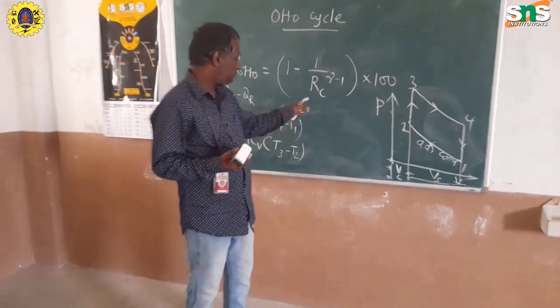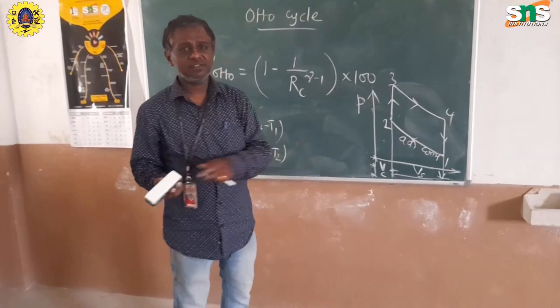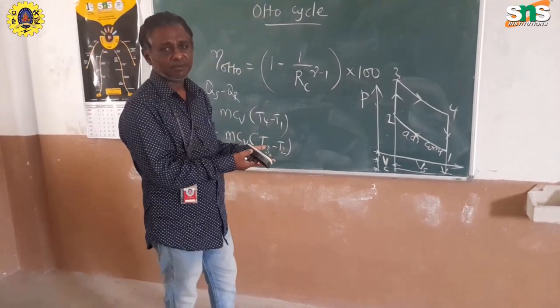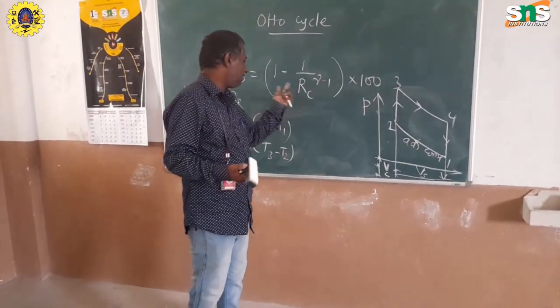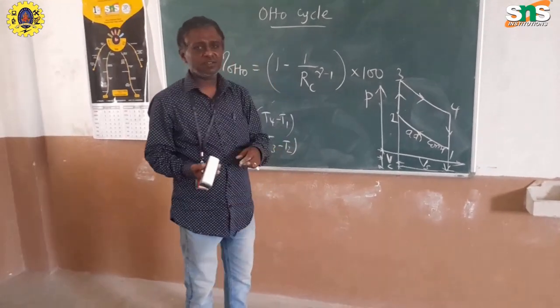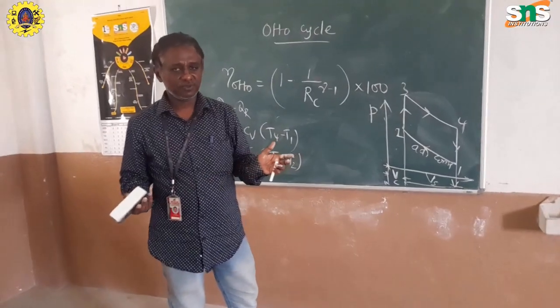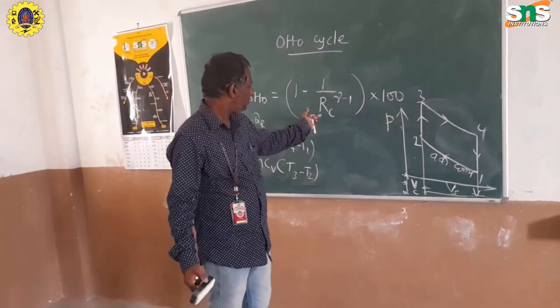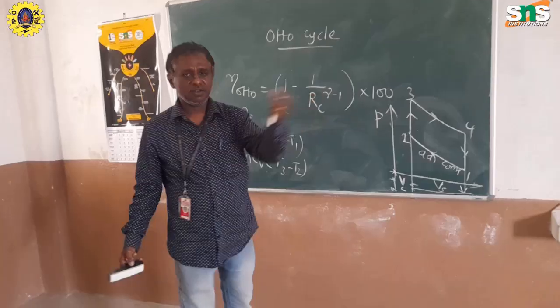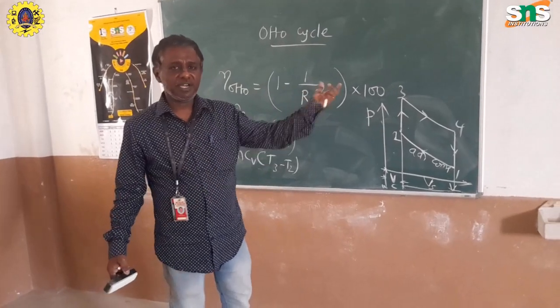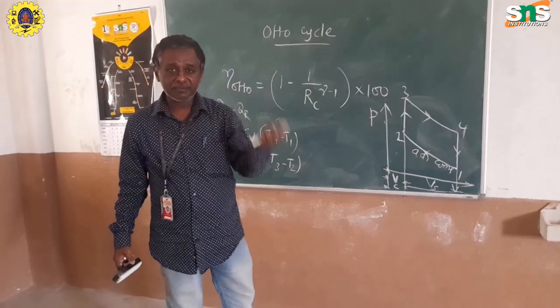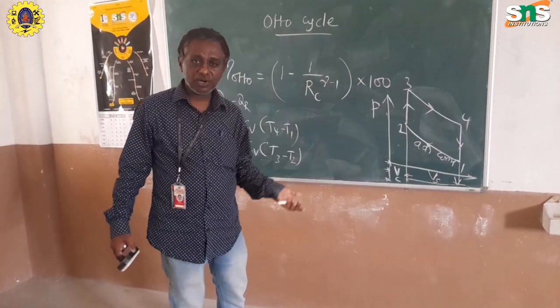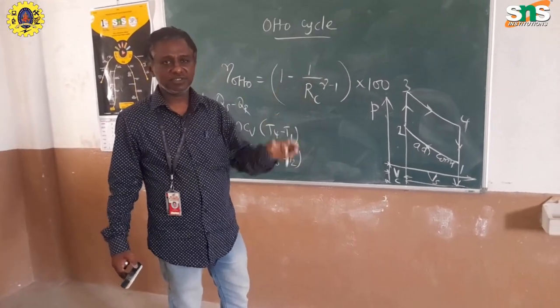If the value of compression ratio is higher, what will happen? If it is lower, what happens? Does it affect the Otto cycle efficiency? That is my question. If you put a value of rc as 5, you get a value of efficiency. If you increase the value, will you get the same value, will it go down, or will it increase? Just check it.